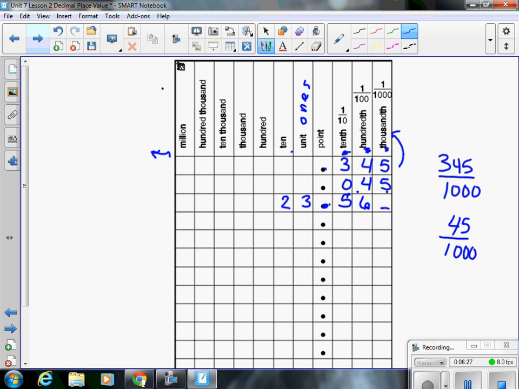Okay, try this one. Try saying that out loud to yourself. Okay, it would be 4 and 5 hundredths. There's no tenths, so we don't have to say anything. 4 and 5 hundredths.